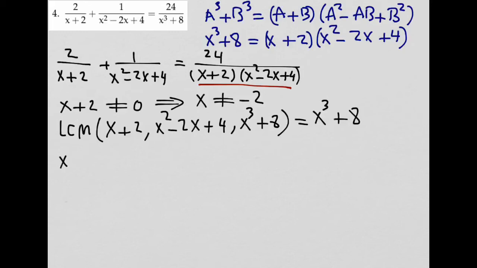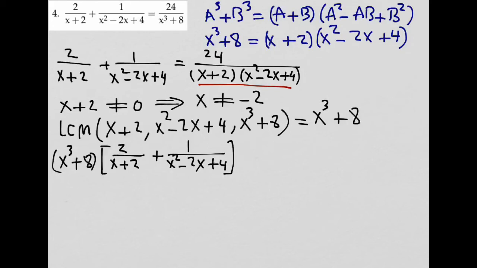We have x cubed plus 8 times 2 over x plus 2 plus 1 over x squared minus 2x plus 4 is equal to x cubed plus 8 times 24 over x cubed plus 8.